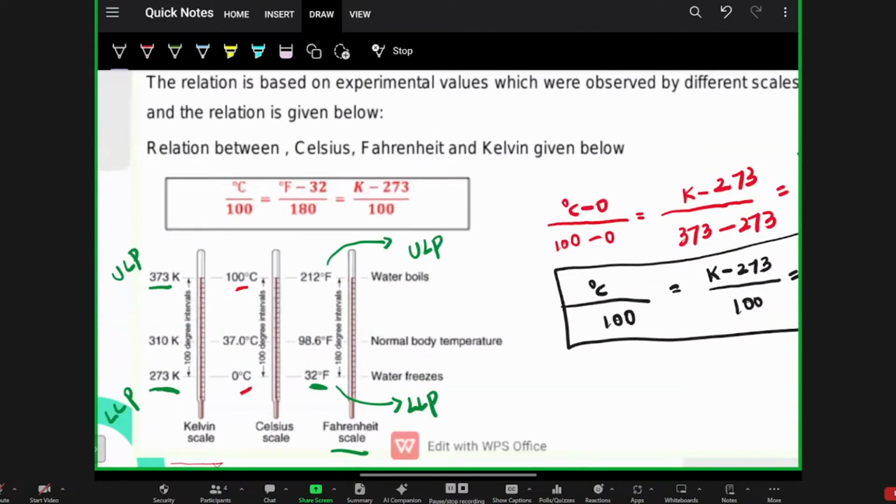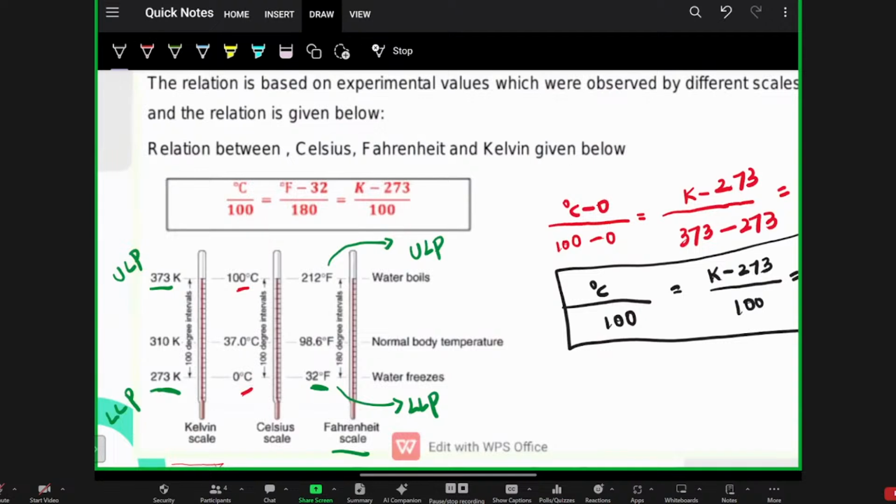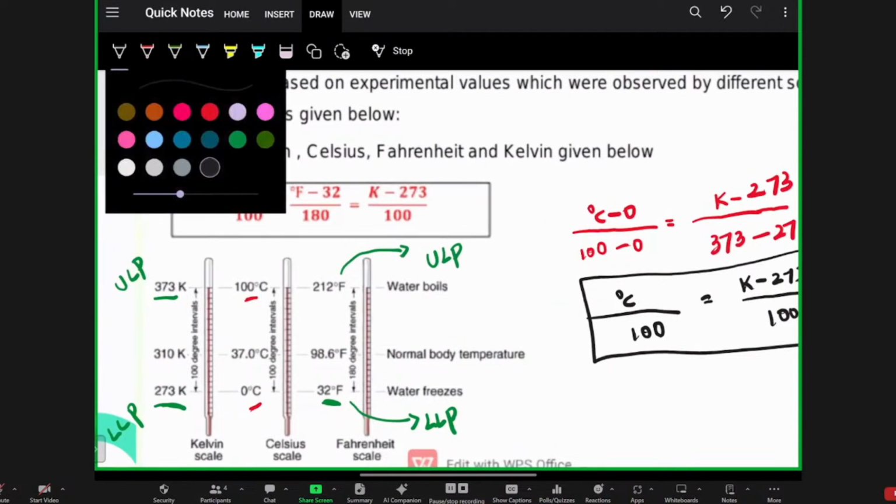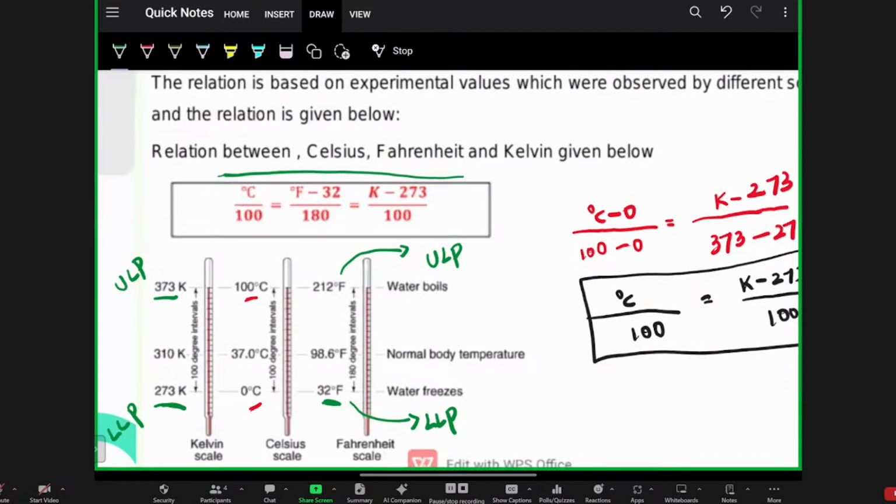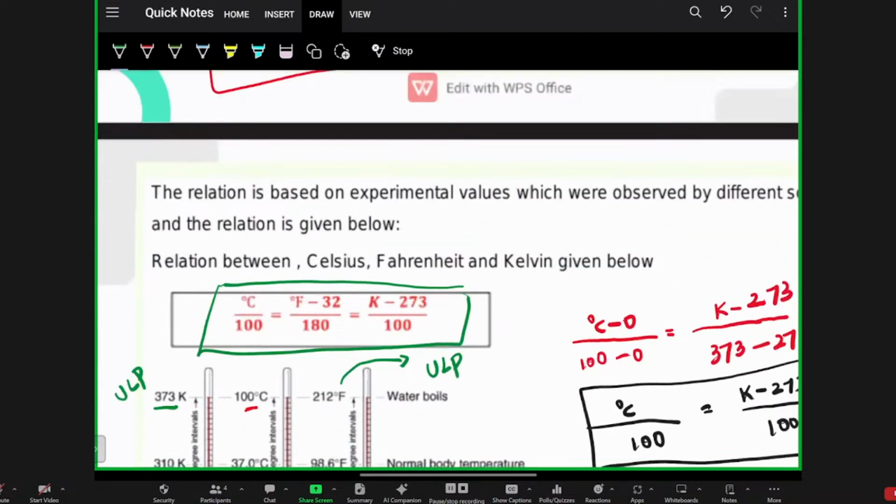So I have explained the basic concept now, and the equation we have to remember is degree Celsius divided by 100, which is equal to Fahrenheit minus 32 divided by 180, which is equal to Kelvin minus 273 divided by 100. So suppose, for example, I want to convert anything.